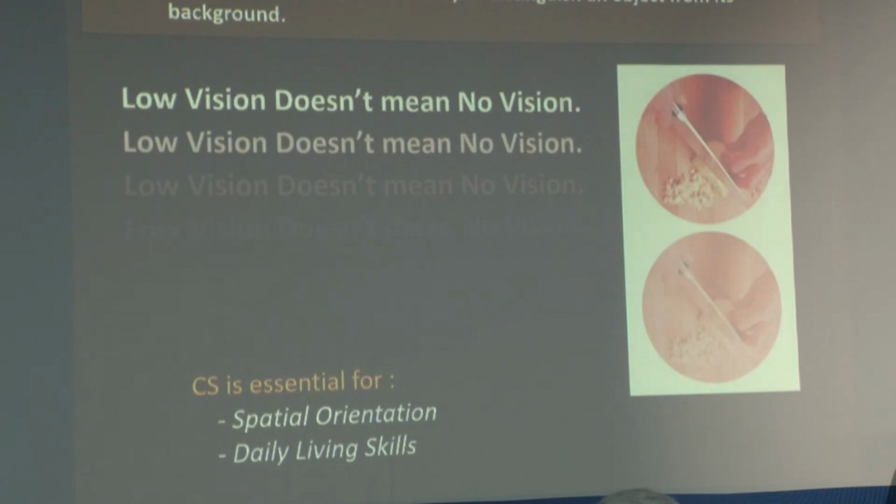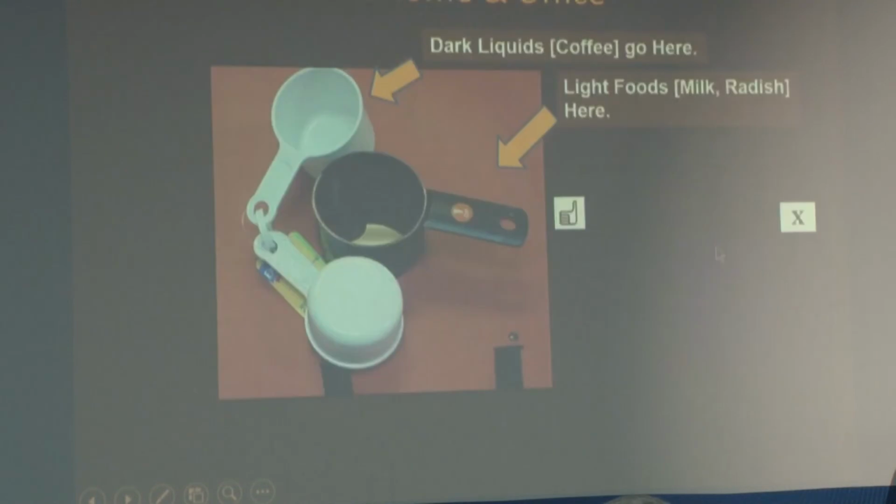As you can see here, the image on the lower half is poor contrast, but the top half is better contrast. If you use white against brown, the patient can appreciate cutting the vegetable, as in this case, much better.